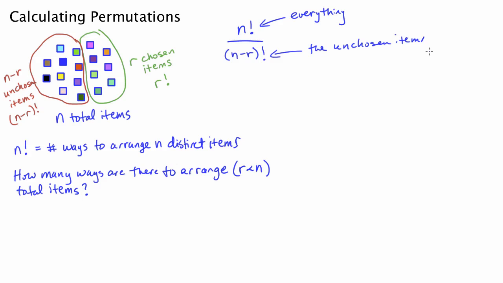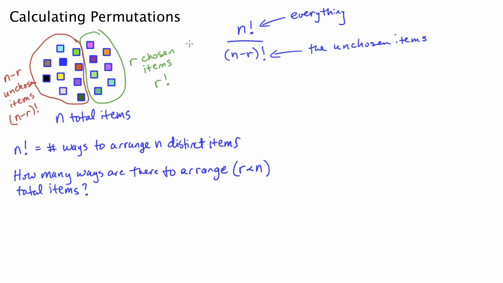Now, when you think of these unchosen items, what you're thinking of is not ordering them, choosing to leave them unordered. So if I'm choosing to order r items, then I'm choosing to not order n minus r, so I need to take away those n minus r unorderings from the n.